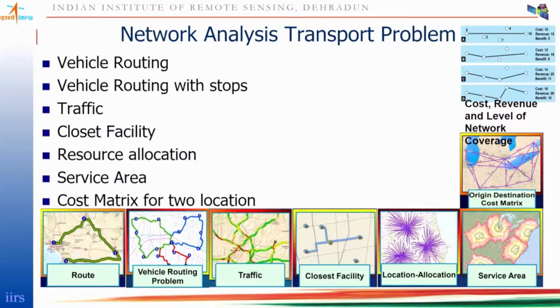Then there is service area mapping. In this case, you just provide a certain constraint. This map can represent the different places which you can reach in 5 minutes, 10 minutes, 15 minutes, and so on. So this gives you a kind of buffering. You might already be aware that in a vector there is something called a buffer, which just gives you radial distances.